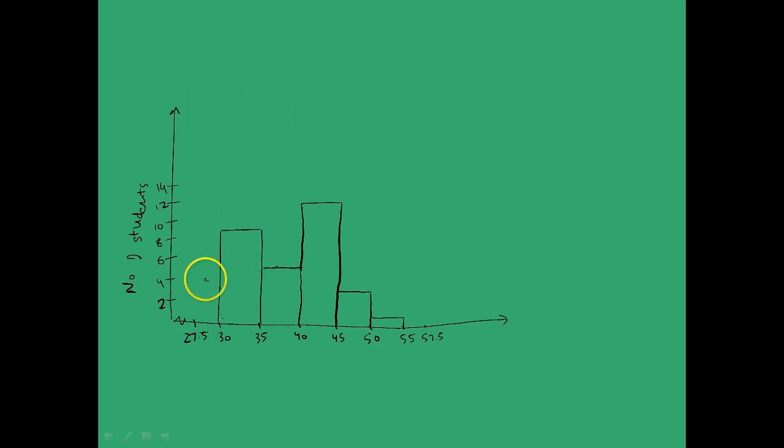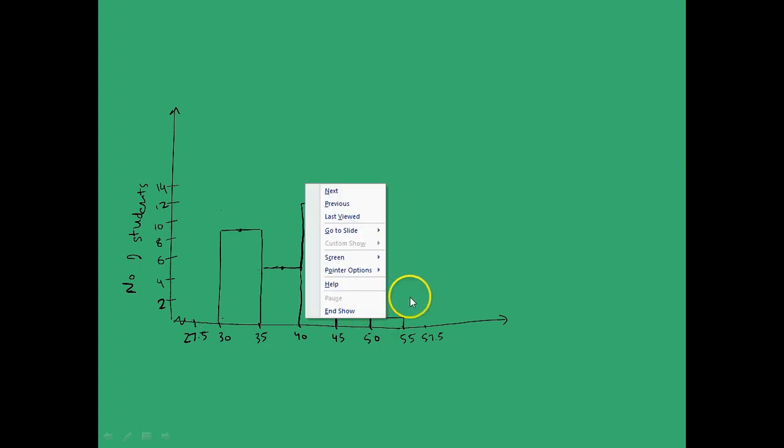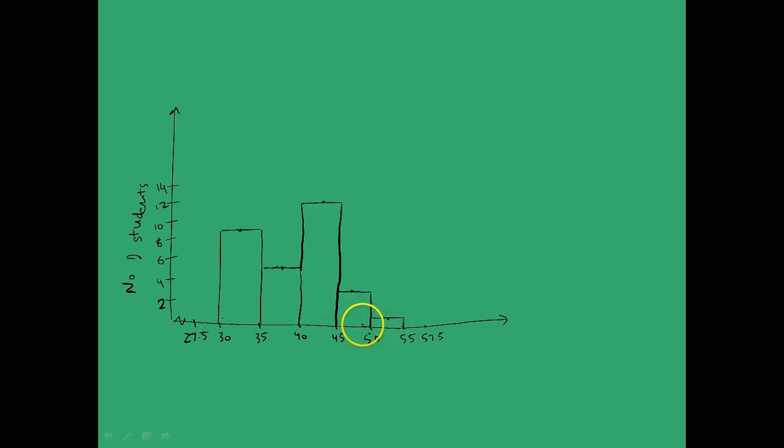Let's see how we can draw the frequency polygon using the histogram. What we have to do is identify the midpoint of each edge. So the midpoint is approximately here, here, here, here, and here. And simply join these points with straight lines.